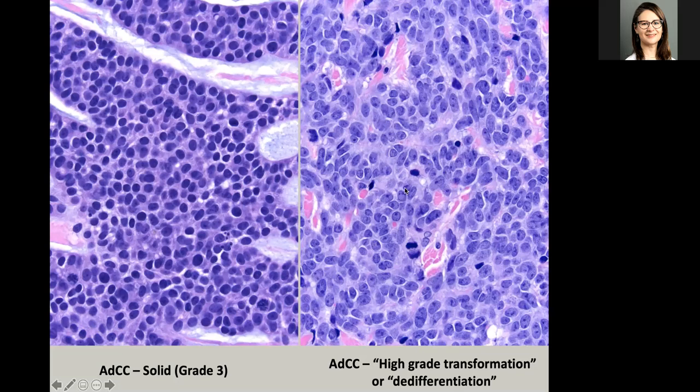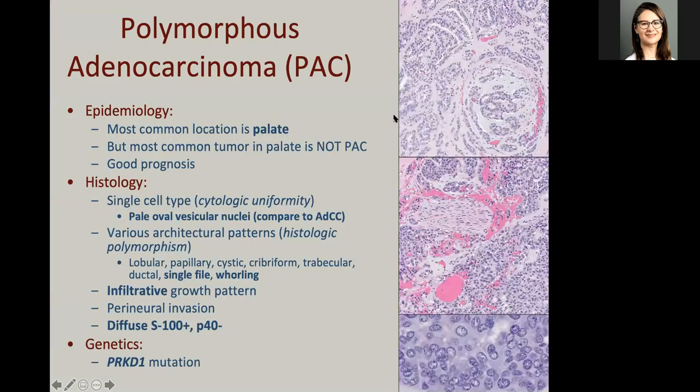And one would not be able to tell that this was adenoid cystic necessarily unless you have some component on the left that retains the characteristic morphology. All right, so these high-grade or dedifferentiated adenoid cystics behave even worse, as high-grade malignancies.